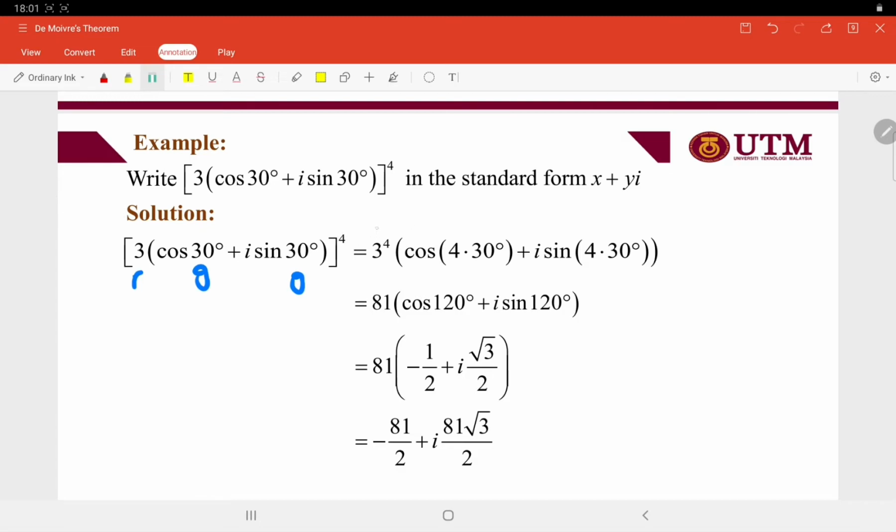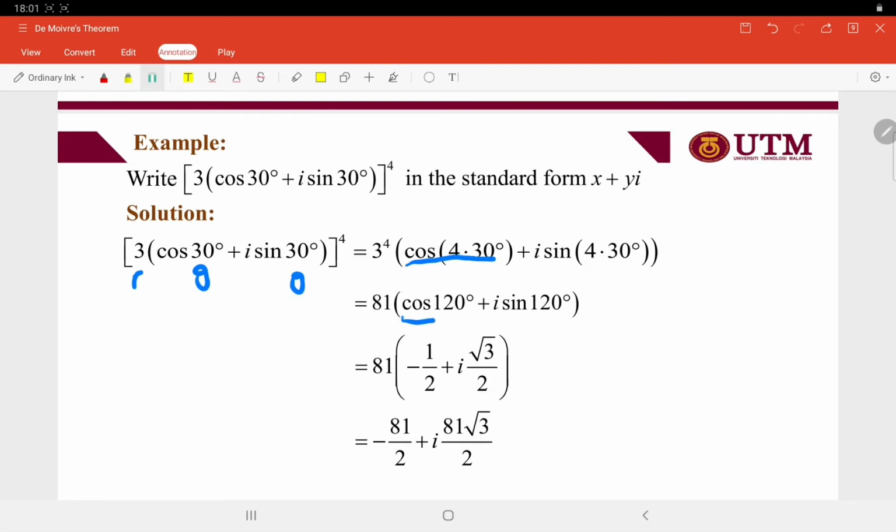So it will be 3^4 times (cos 4 times 30 degrees + i sin 4 times 30 degrees). So we get 81 times (cos 120 degrees + i sin 120 degrees).